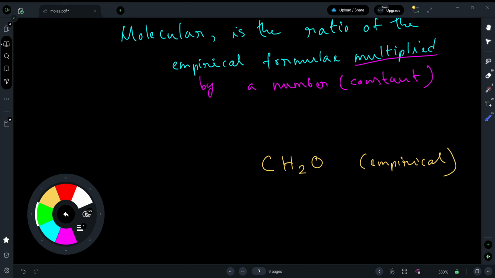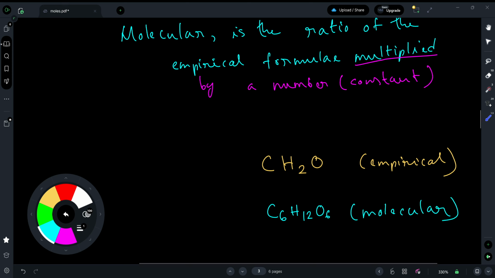We find the empirical formula first when we've discovered a new compound, and through different processes and apparatus, you find the molecular formula. So the molecular formula was C6H12O6.